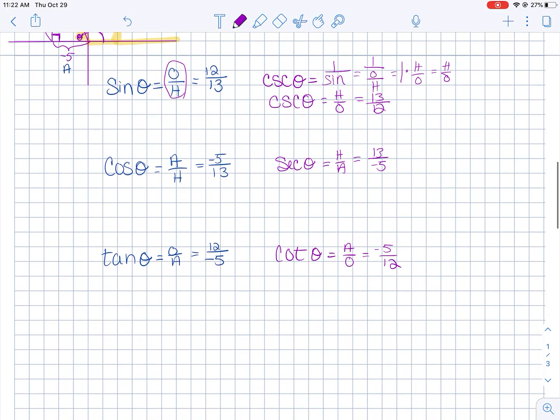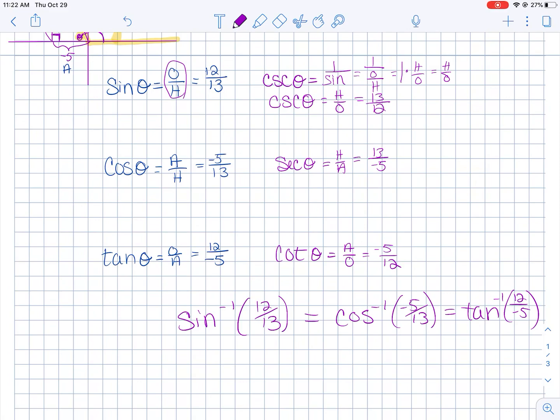And then if we actually wanted to know that angle, remember you can use your inverse function. So if you did sine inverse of 12/13, that would give you an angle on your calculator. Again, make sure you're in degree mode. That would be the same as cosine inverse of -5/13 or tangent inverse of 12 over -5, right?